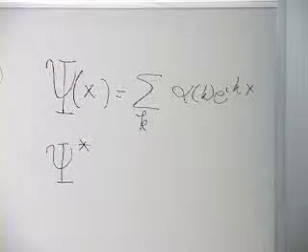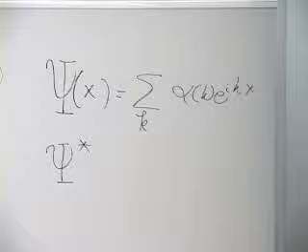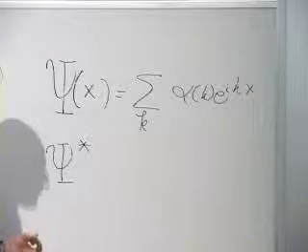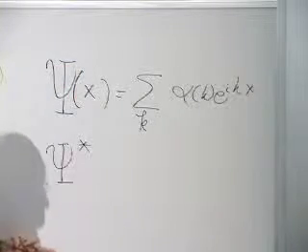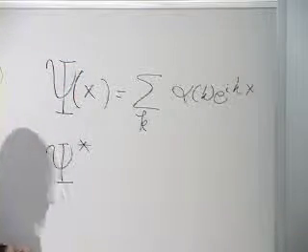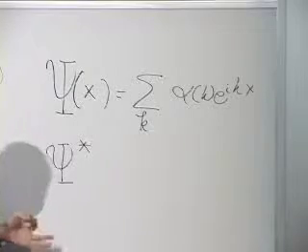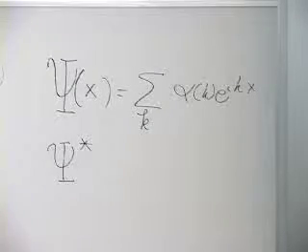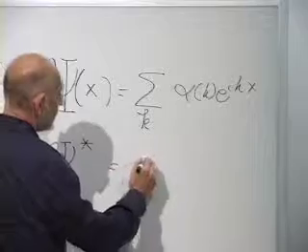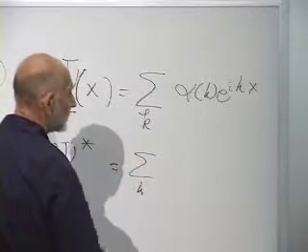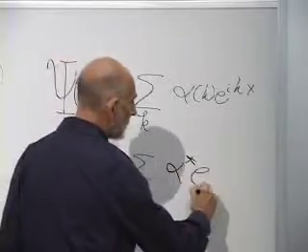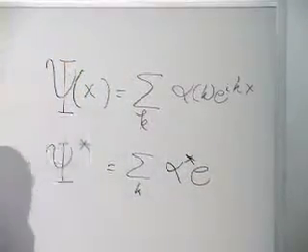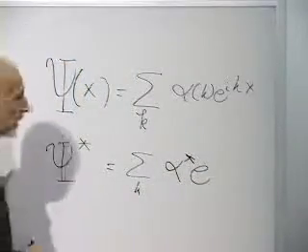If psi is a complex thing, it has a real and imaginary part. The real part plus i times the imaginary part is psi. The real part minus i times the imaginary part is called the complex conjugate. And that's equal to the sum on k of the complex conjugate of alpha times, what's the complex conjugate of e to the i kx? E to the minus i kx.